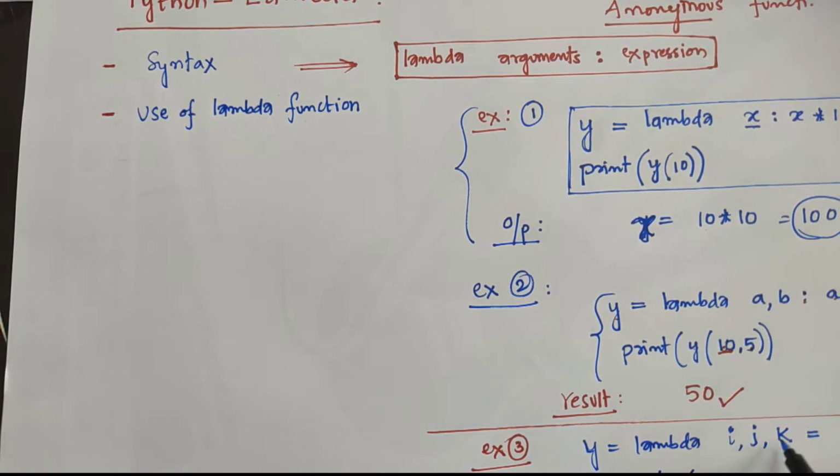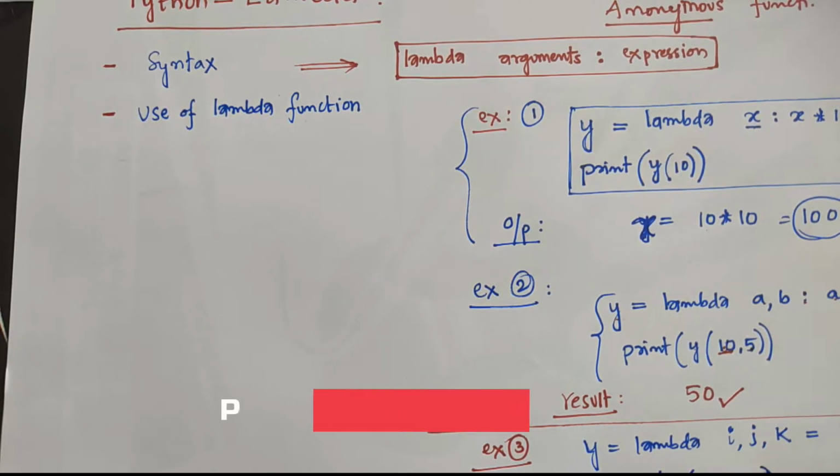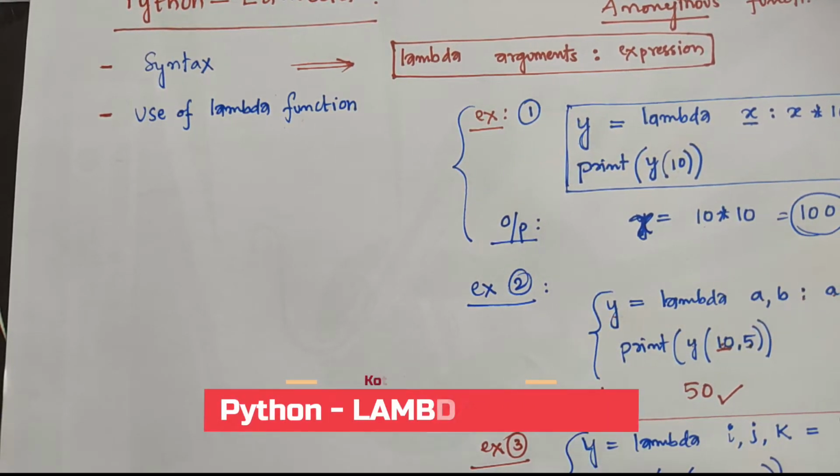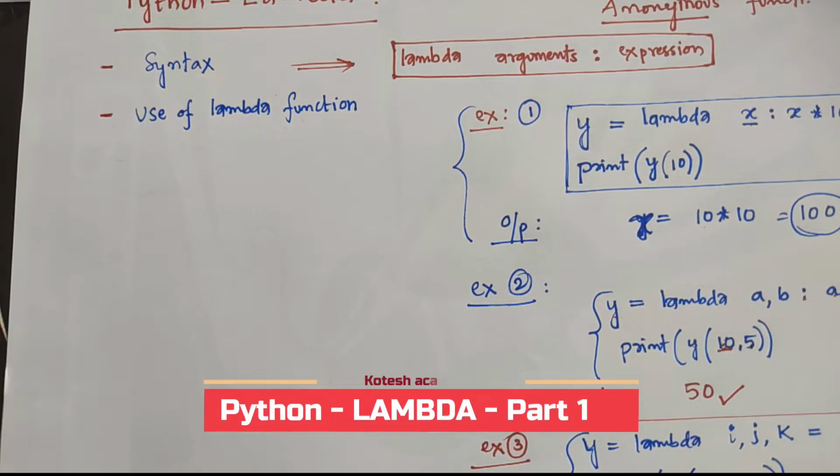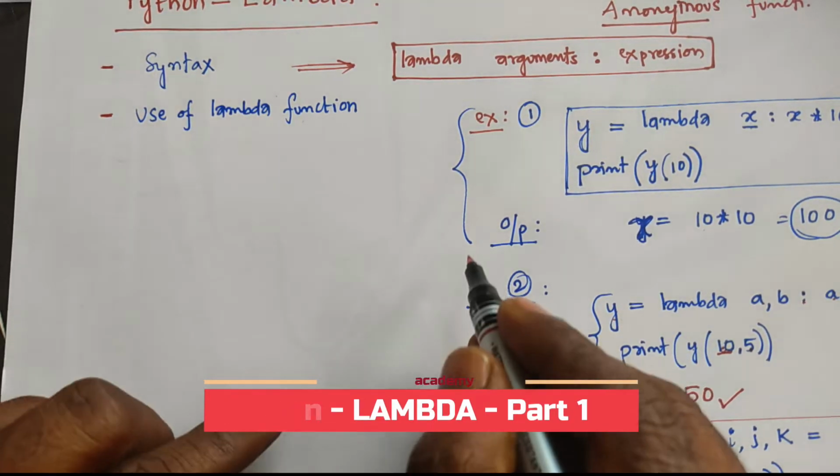In that function the arguments are 3, so that's why 2 comma 3 comma 5. After execution of this, we will get the result 2 into 3 is 6, 6 into 5, total result will be 30. So this is the example for lambda.